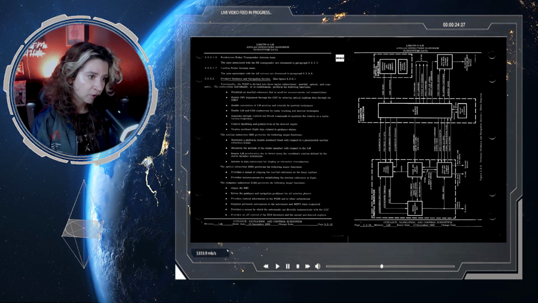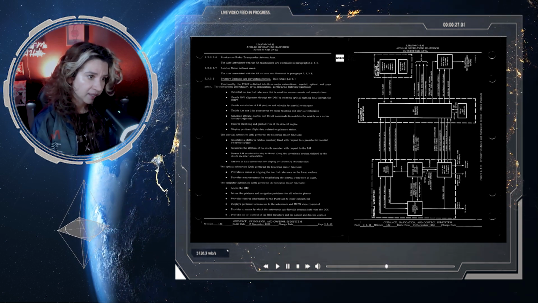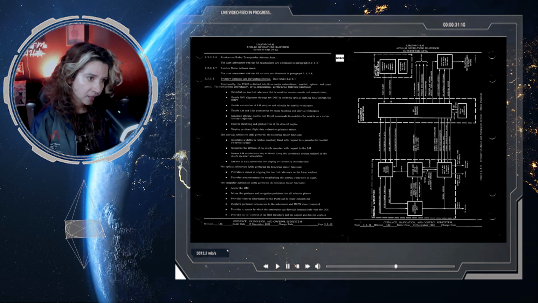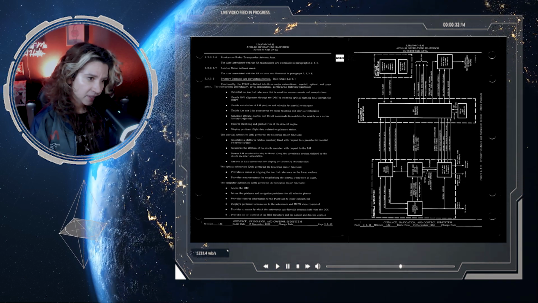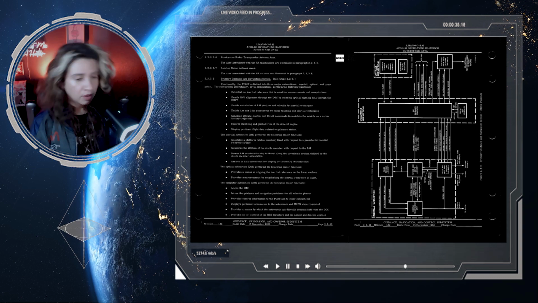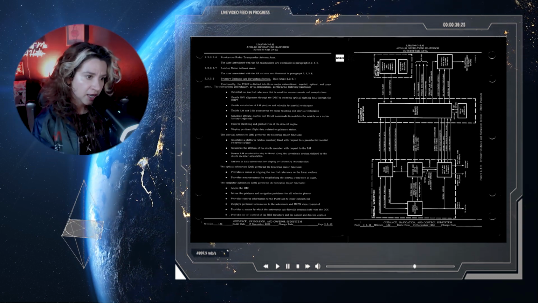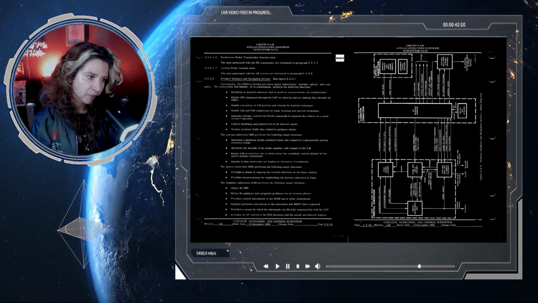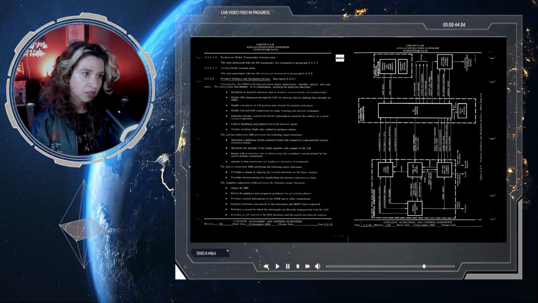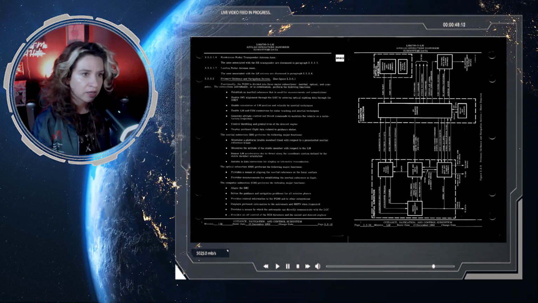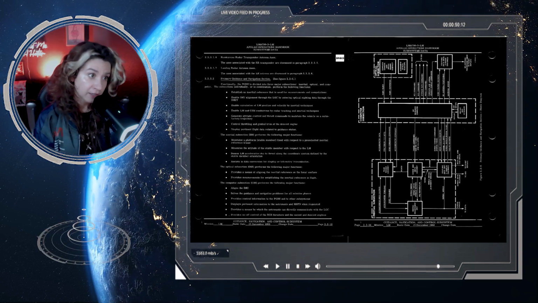We have the inertial subsection, which is the pulse torque assembly, power and servo assembly, the coolant data unit and inertial channels, as well as the inertial measurement unit. We have the computer section, which is all the LM guidance computer. We also have the display and keyboard, which is minimal, but it is a computer.